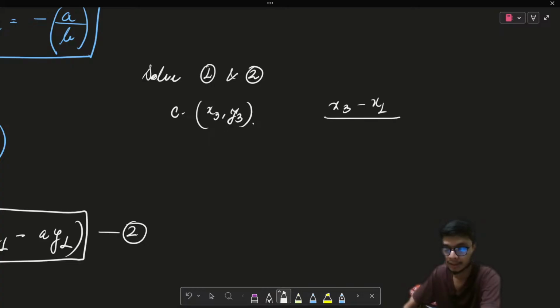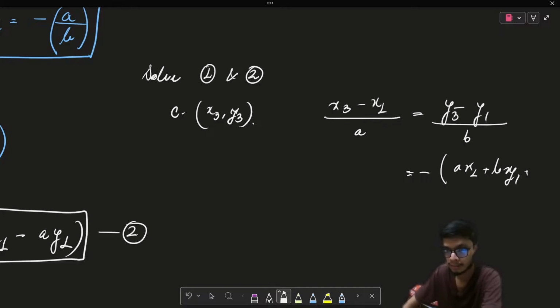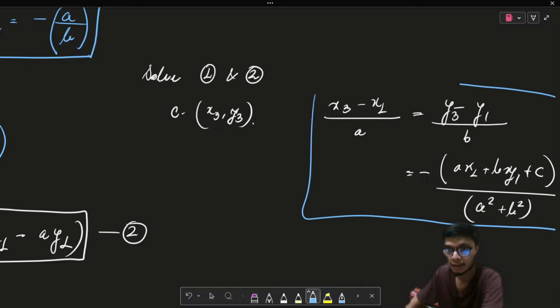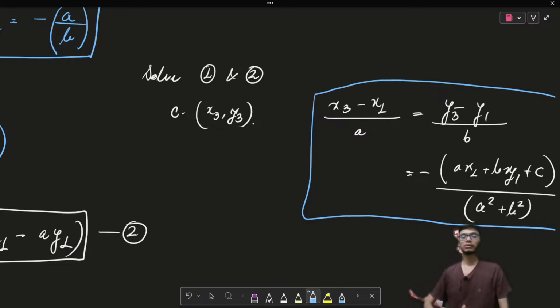It is going to be x3 minus x1 by a is equal to y3 minus y1 upon b is equal to minus of (ax1 plus by1 plus c) whole divided by a square plus b square. So this is the condition which will help us find out the coordinate of the foot of perpendicular.